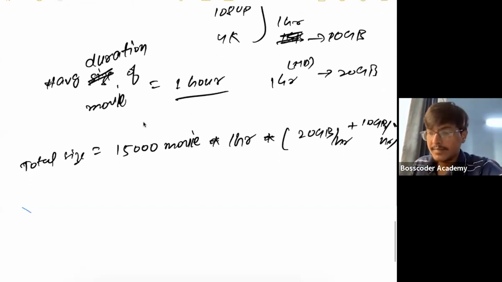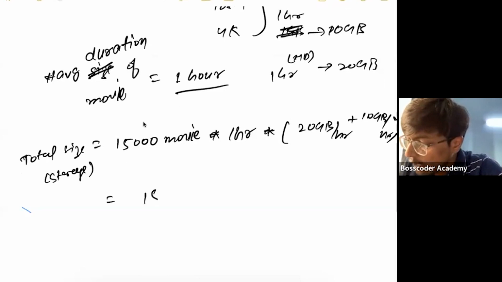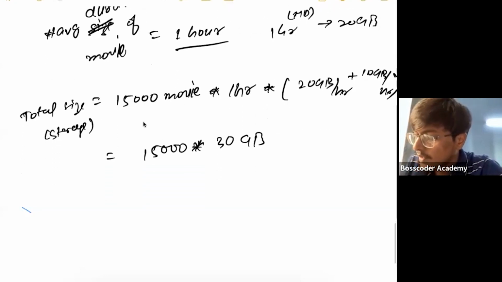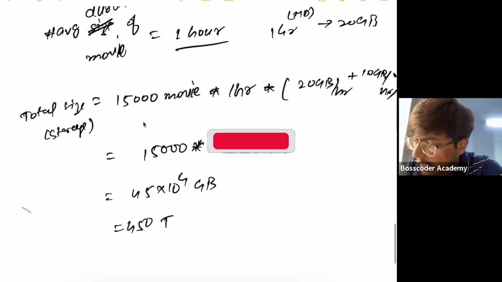Does this make sense? So what will be the total storage? This will be around 15,000 movies into 30 GB of storage each, which will be 45 into 10 raised to the power 4 GB, which is 450 terabytes.